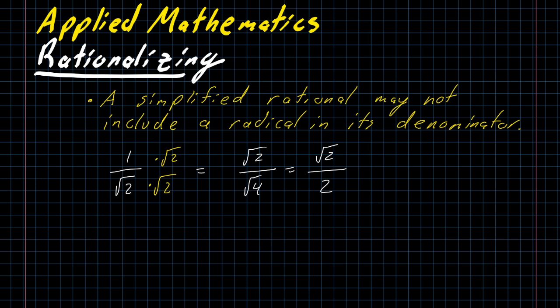Trying to find a common denominator between root 2 over 4 and root 3 over 7 is a lot easier than trying to find a common denominator between 1 over root 2 and 1 over root, I don't even remember what I said, root 7. So that's kind of the justification here.